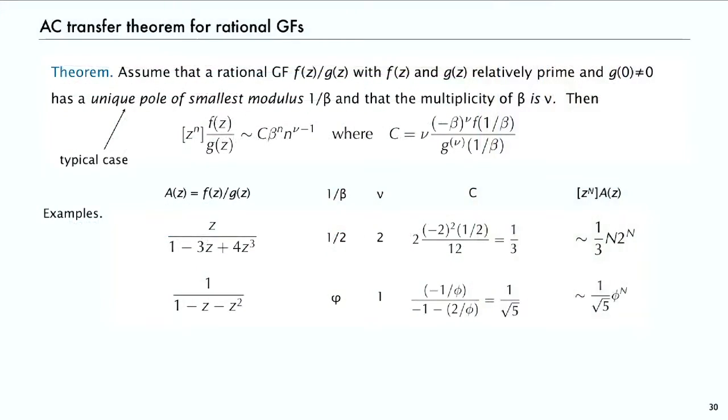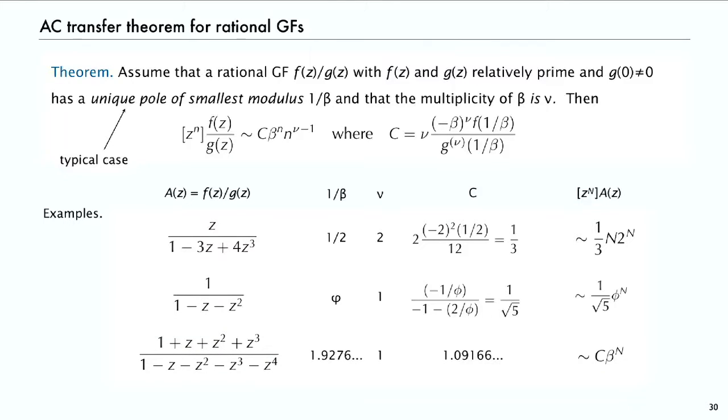Or the generating function for the Fibonacci numbers. Again, the root closest to the origin is phi hat, if you remember your Fibonacci numbers, and 1 over that is phi. Go ahead and compute the constant, and you can get immediately from this transfer theorem the asymptotic growth of the coefficients, simply plugging into that formula.